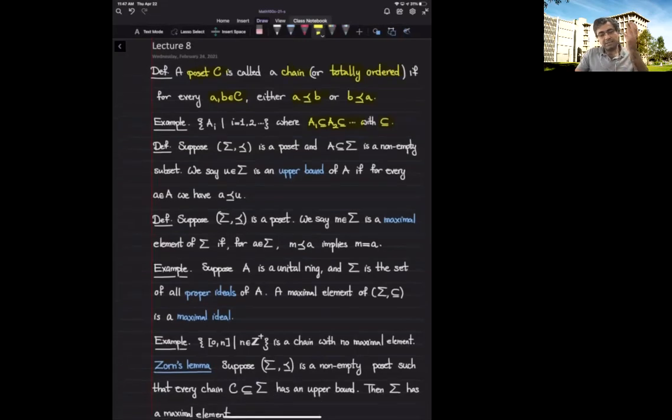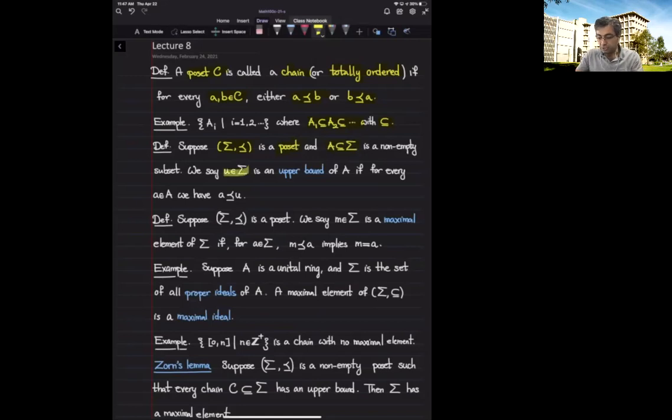Okay, now we understand what a poset is and what a chain is. Let's see what an upper bound of a subset of a poset is. So sigma with this curly less than or equal is a poset. I give you a non-empty subset A of this poset.